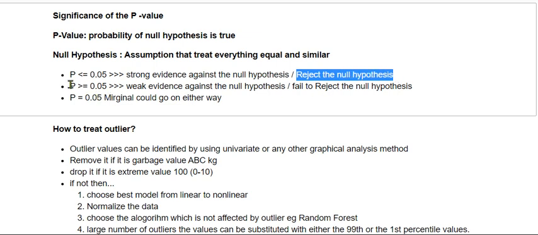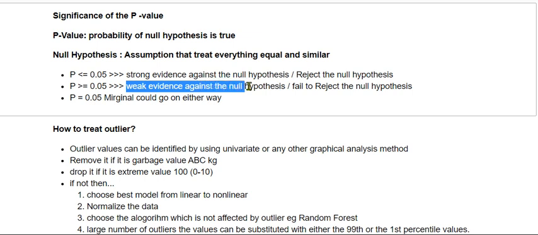If the probability value is greater than 5%, it's weak evidence against the null hypothesis, so we fail to reject the null hypothesis, so we can accept it. And if the p-value is equal to 0.05, then it's a marginal value, and we can go either way. Okay, this is the concept of the p-value.